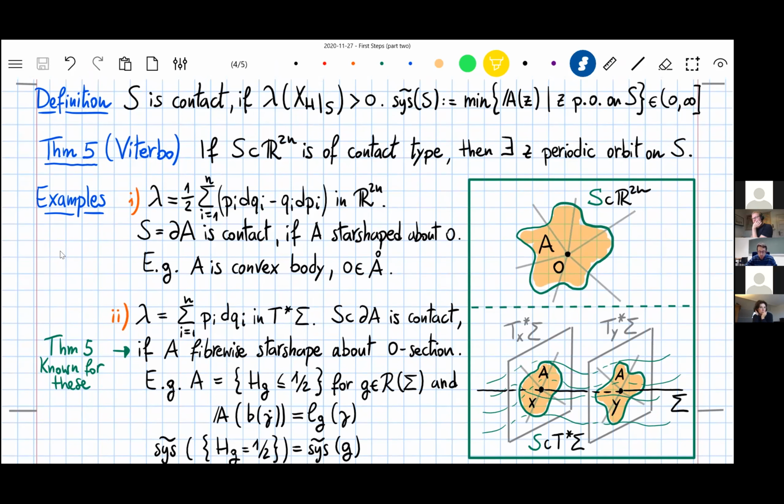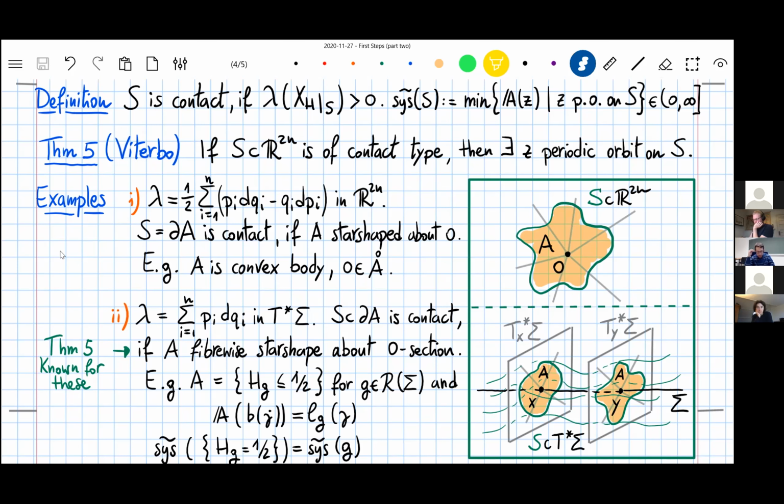So one could wonder if a similar statement holds on arbitrary symplectic manifolds, but this is still an open question called the Weinstein conjecture, which is known in many cases, but still open.